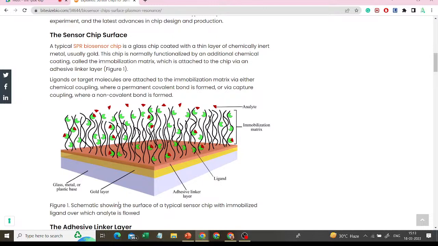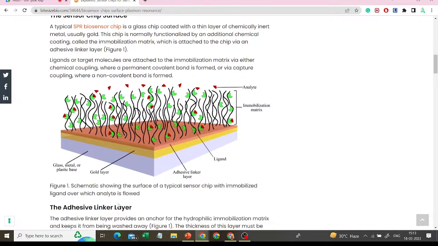You want your ligand to get immobilized on the surface, so you make some modifications in the chemistry to enhance the attachment of the ligands so that they can easily get immobilized.